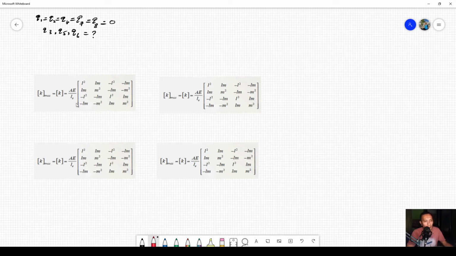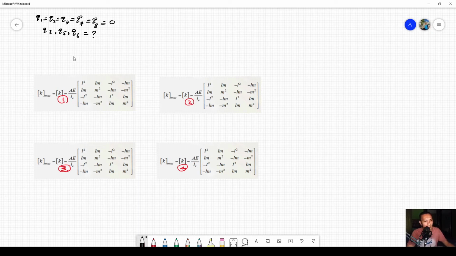So we have to prepare this K matrix for element number 1, element number 2, element number 3, and element number 4. This equation, as we see here, is already written in the global coordinate system. Now let's see how we can prepare this element stiffness matrix correctly.